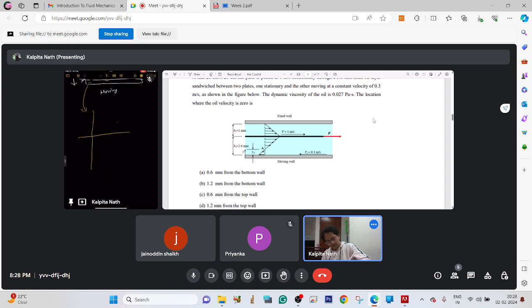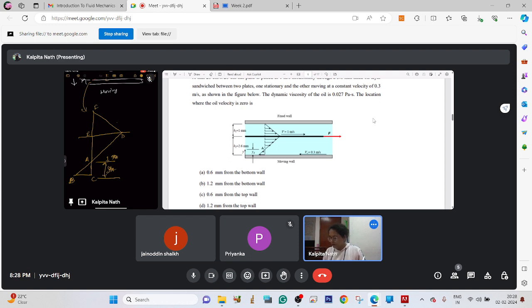This is a straight line. This is B, C, A, E, D, F. This whole distance is ya.